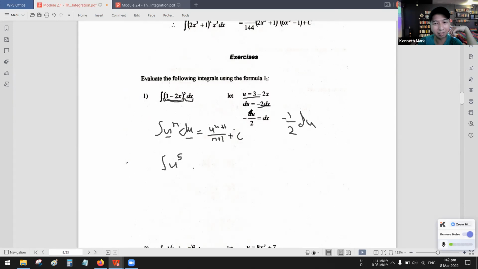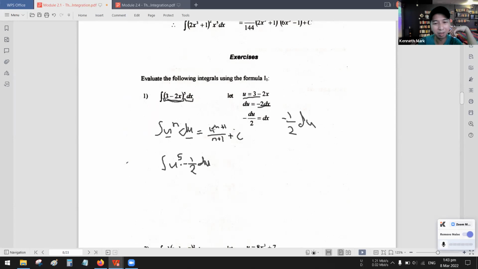So, yung value ng dx is negative du over 2, or that is negative 1/2 du. So, we can have this format.